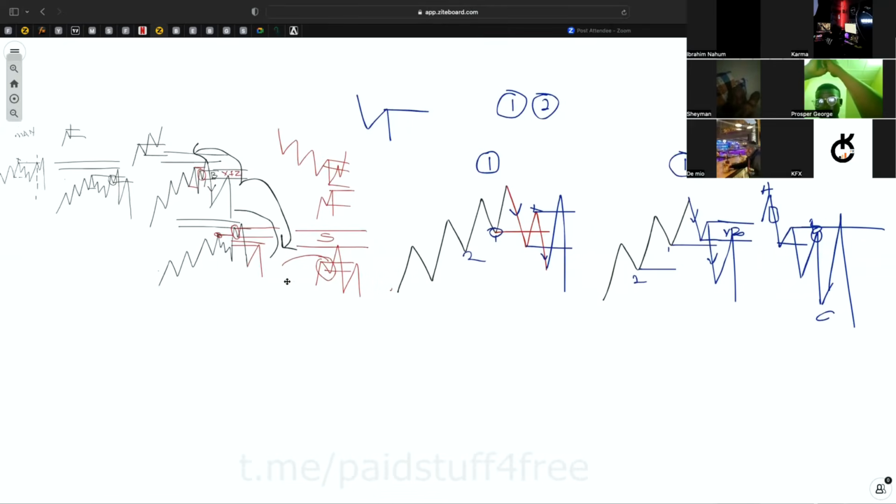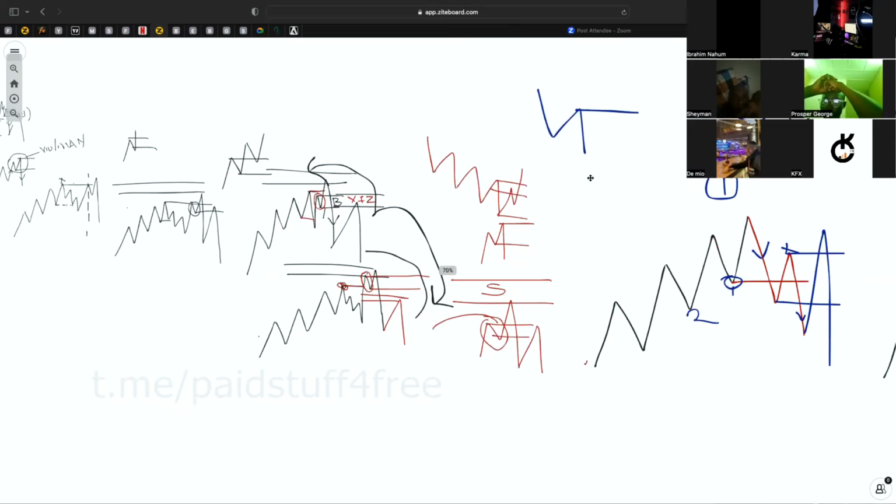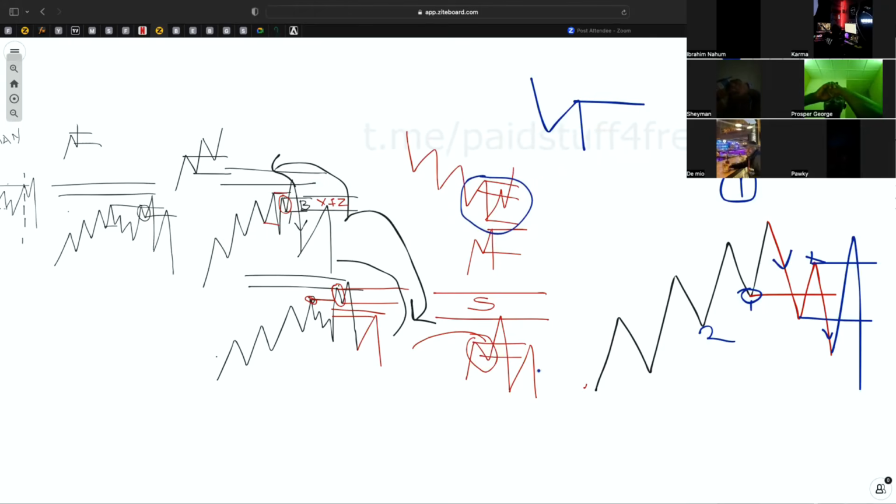So in summary, I have explained the immediate base. This is what we call immediate base. What is immediate base? These are bases that happen in the immediate structure. Simple English, immediate. But the main problem we have is how do you know that this price is going to return from here?